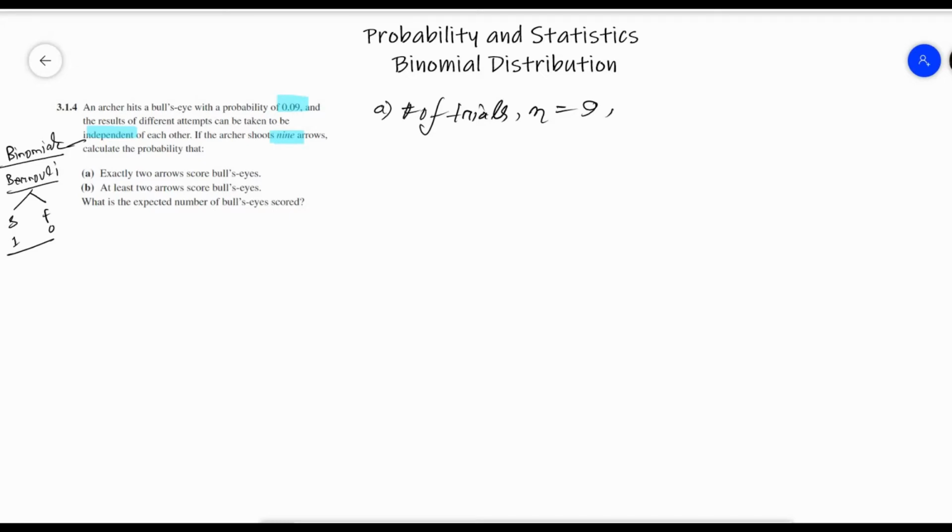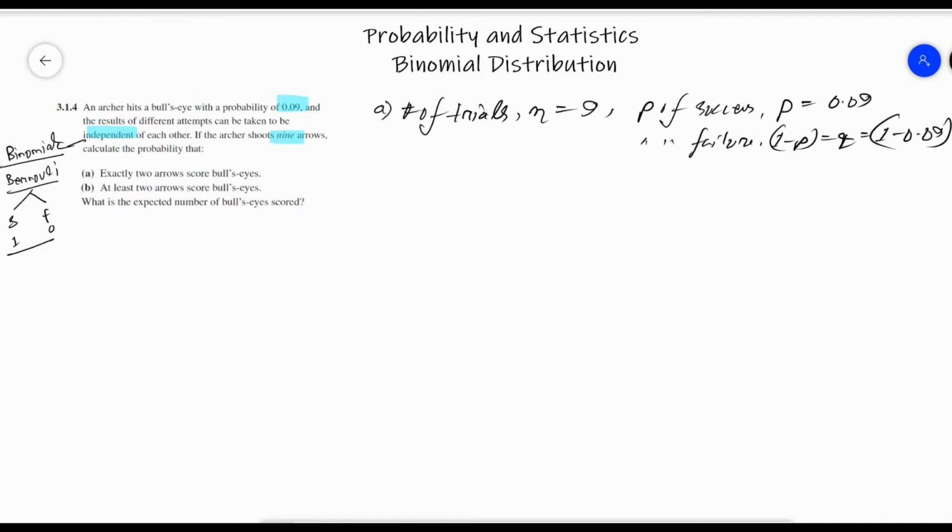Let's consider that the probability of hitting bullseye or probability of success denoted by p is equals to 0.09. Therefore, probability of failure 1 minus p, which is also referred to as q, is equals to 1 minus 0.09.